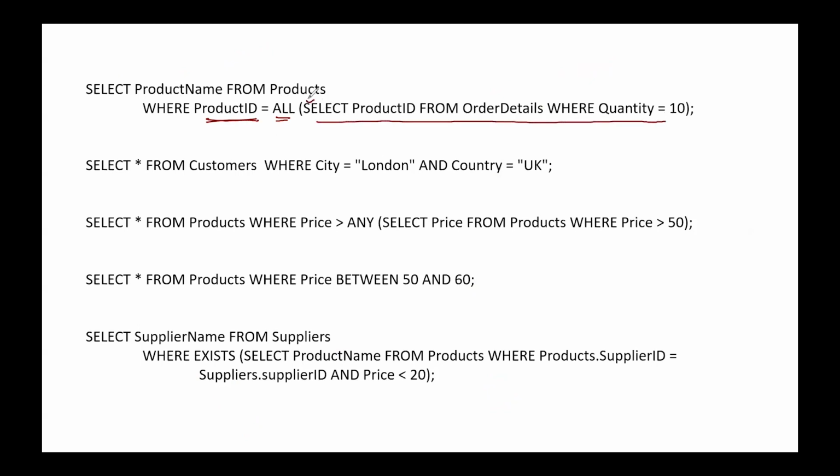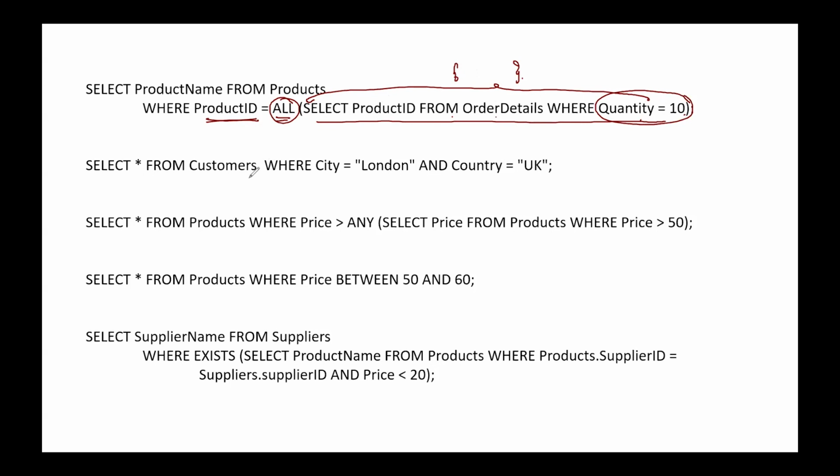This is once again an inner condition. First, I will check this: SELECT product ID FROM order details WHERE quantity is 10. I will select only those product IDs whose quantity is 10. So whatever the list is, for example, I will get some 2-3 products. In that list, I will check that all should match. Only those I will be displaying using the ALL condition.